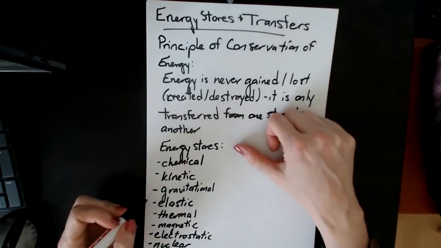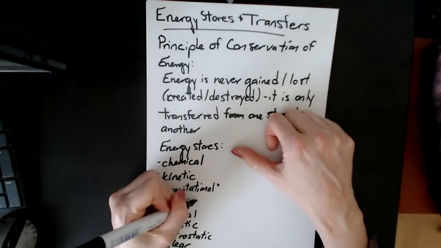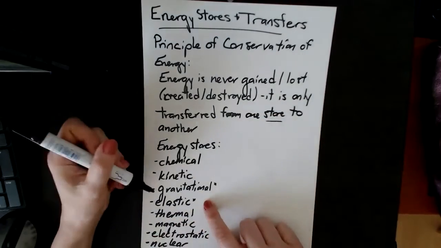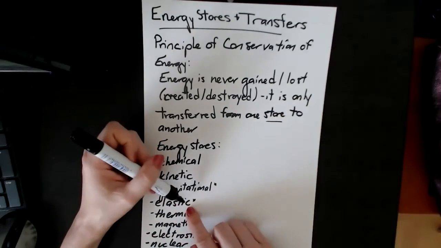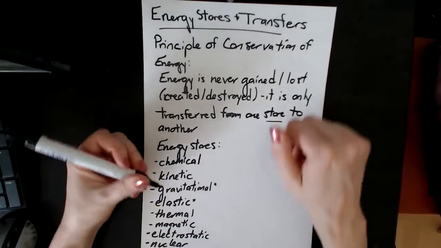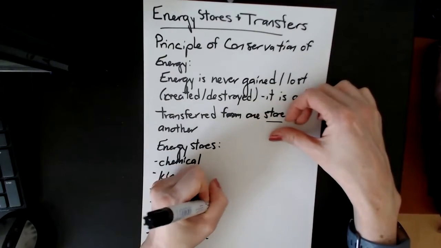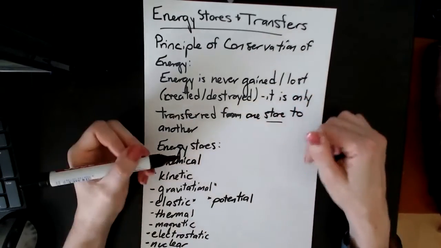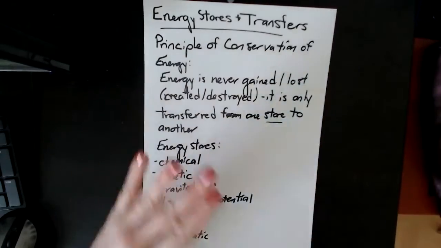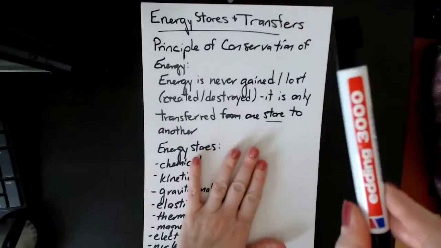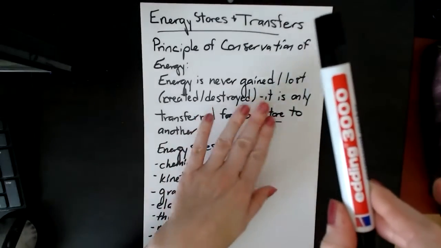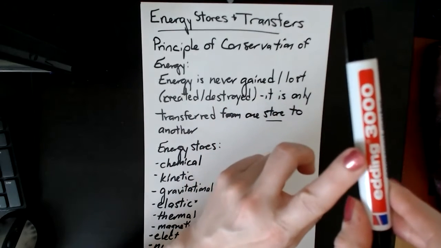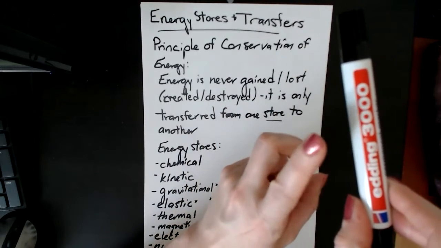Now, the other thing I want to mention is that gravitational and elastic, put a little star next to them, because with these two, we often talk not necessarily about gravitational energy and elastic energy, but the potential energy of these. We say that something has gravitational potential energy if it's being held above the surface. For example, if this is my pen and it's being held up above, then it has gravitational potential energy. That potential energy can be turned into kinetic energy.